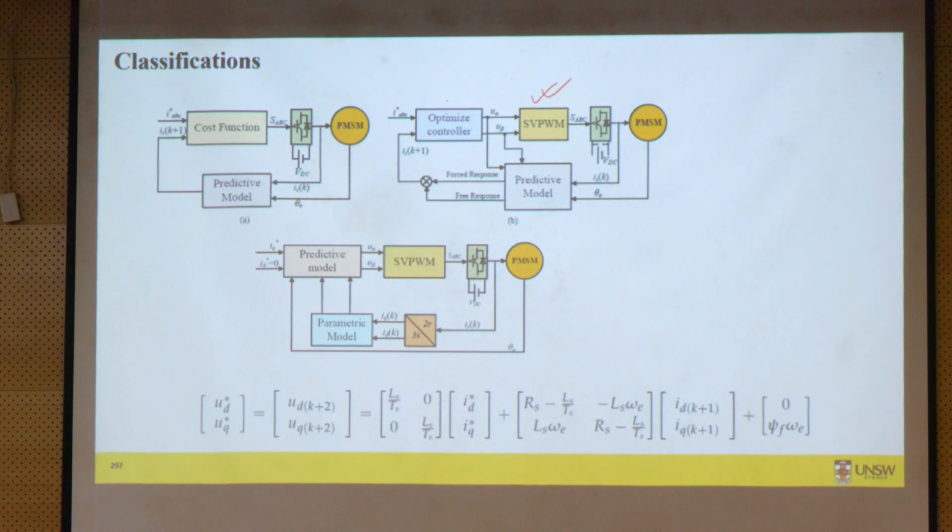In that case, you will need some kind of controller here, not just a cost function. The other one is, as we have mentioned, you may combine deadbeat control, or deadbeat approximation of voltage. You calculate the voltages from a parametric model of the motor directly, then use those voltages to predict your current in your equations, and then you may use SVPWM or a cost function. Okay, yes.